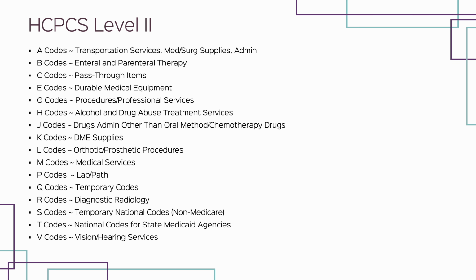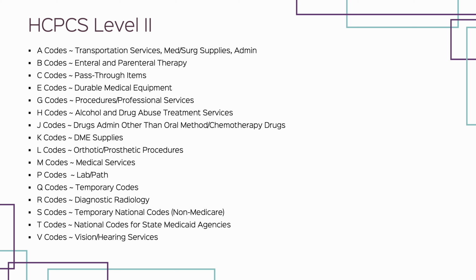HCPCS Level 2 codes are organized into 16 alphanumeric sections, each starting with a letter followed by 4 numbers. These codes help classify a wide range of medical services, equipment, and supplies. Each section corresponds to a specific category, like ambulance services, orthotics, and drugs, making it easier to locate the code that you'll need.